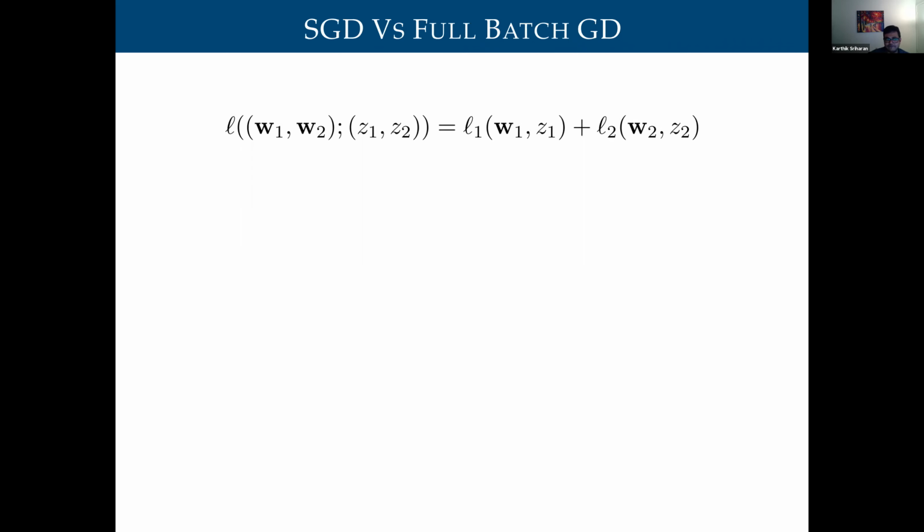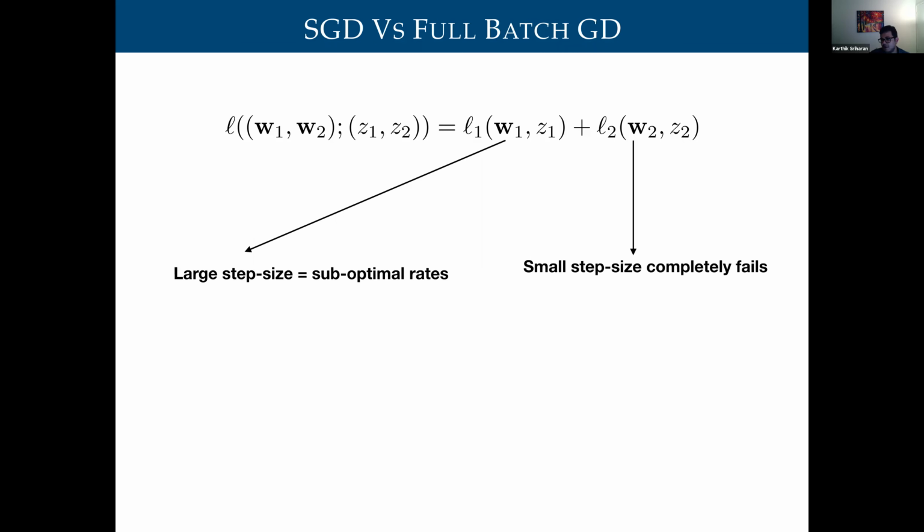So again, to summarize, what we have is the following. We're going to look at an instantaneous loss that is the sum of two things, L1 and L2, where L1 is their construction. In their construction, large step size means that you get suboptimal rates. And L2 is our construction, where small step size basically means that you're not going to get a good rate at all. We basically stall, in the sense that we'll stop moving at some point.